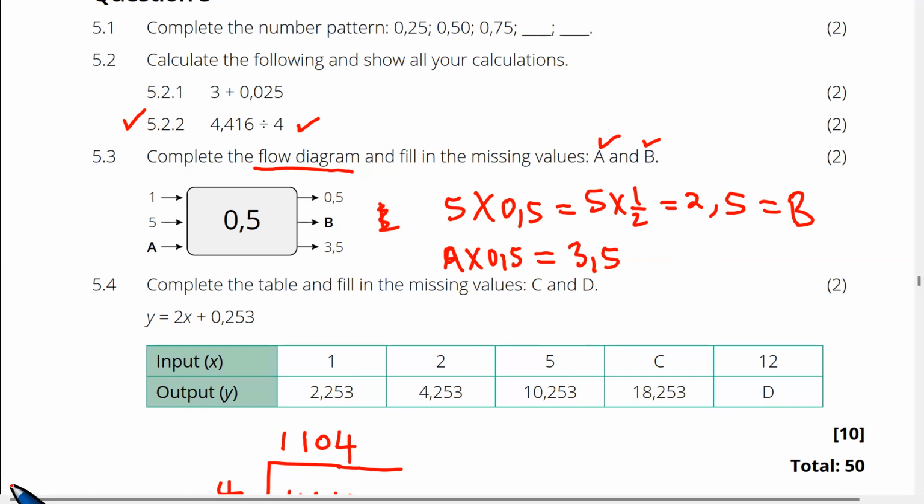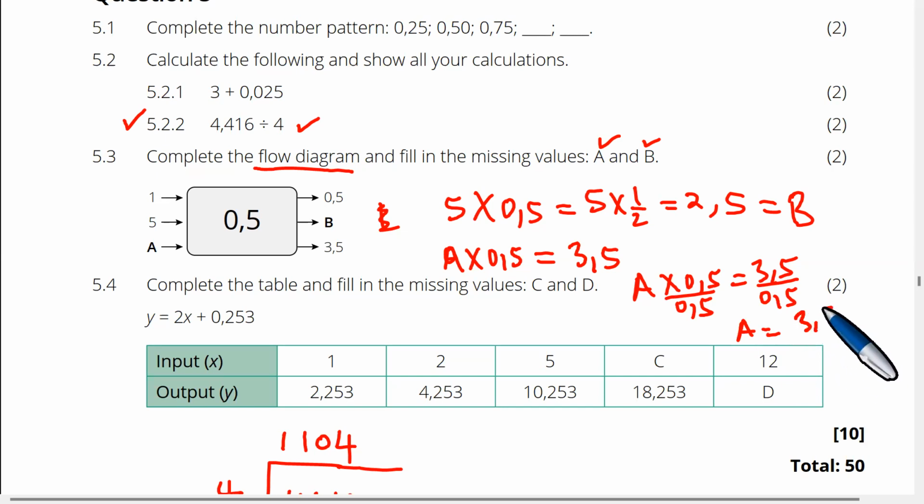Right, to get the value of A, you need to divide. So you have A times 0.5 equals 3.5. You divide by 0.5, which means you multiply.